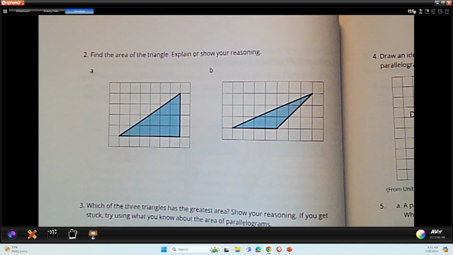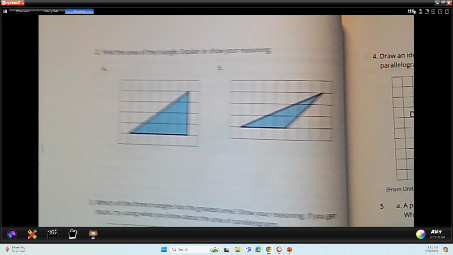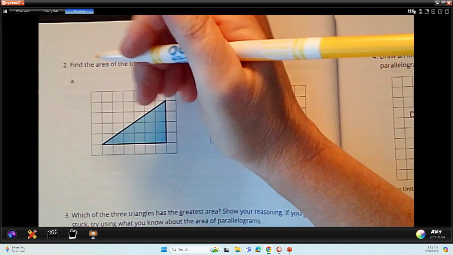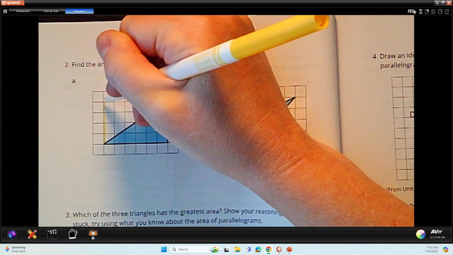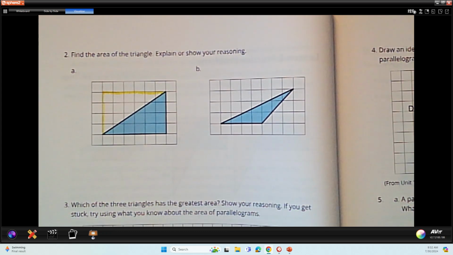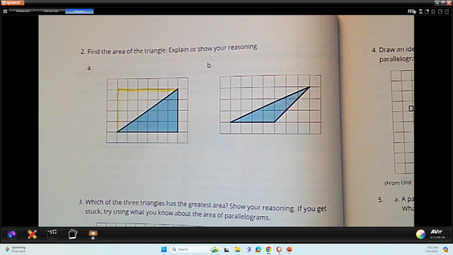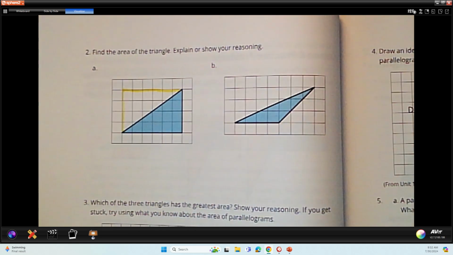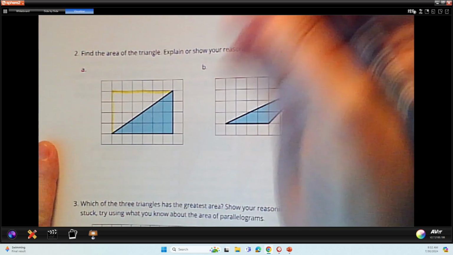In this first one, I'm going to just remind you of what we learned in the very beginning of our unit, that when we have a rectangle and we slice that rectangle in half, we get 2 triangles. So this is how we know that the formula for a triangle is half of the length times the width, or base times height.